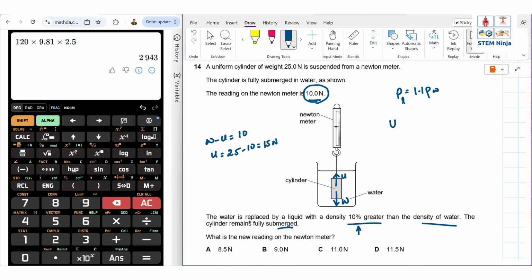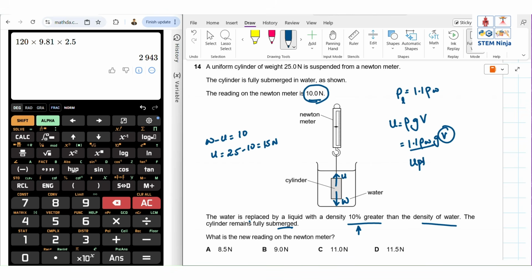The upthrust is going to change. So upthrust is rho g V. Rho is always the density of the liquid. So it would be 1.1 times the density of water, g, V. This remains the same because it's submerged. Only thing that's changing is this. So upthrust has now increased 10% also.